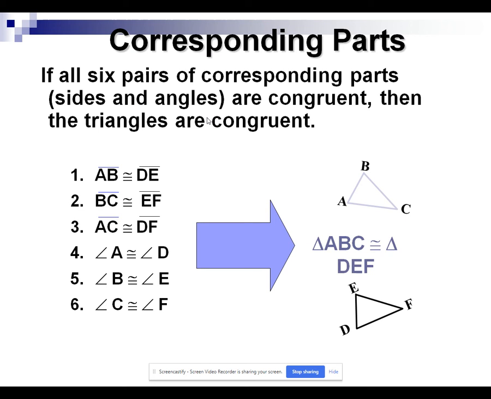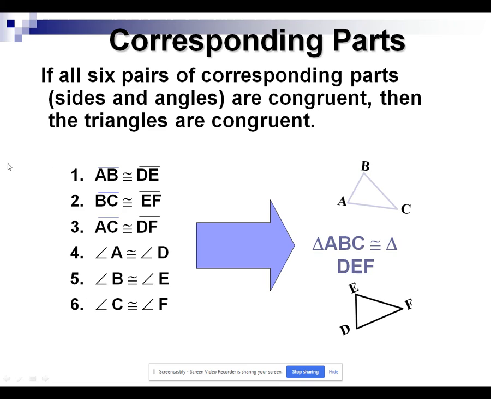So now the next thing we're going to do is figure out, okay, if all 6 pairs of corresponding parts, sides and angles, are congruent, then triangles are congruent. So if you have two triangles and all of their sides are the same and all of their angles are the same, then you can state for a fact the two triangles are the same.